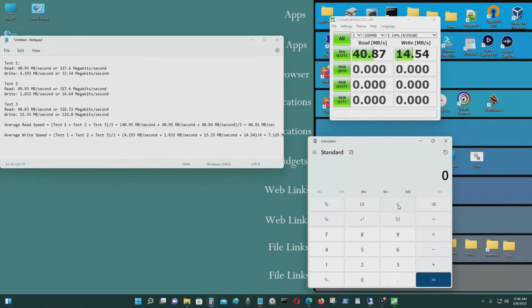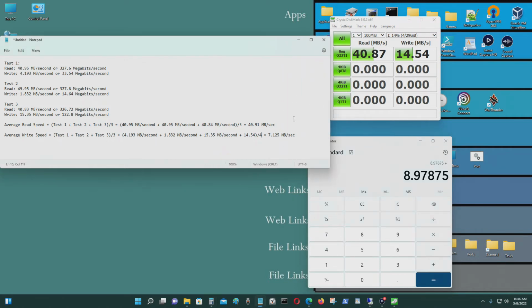Let's see what we come up with. This time I get 8.979 or 8.98 megabytes per second. So this is about average, but I think this is kind of on the slow side. And the bad thing about this is that it's very inconsistent.